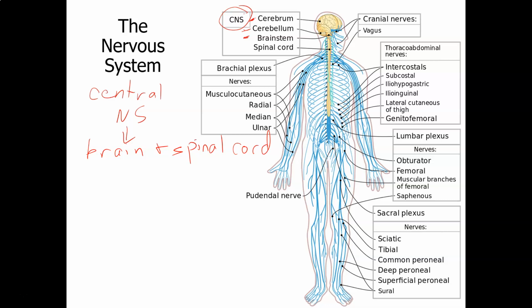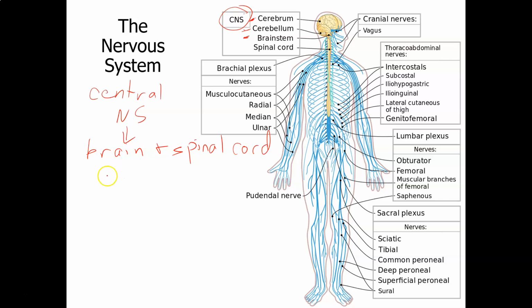Whatever the sensory information is, the central nervous system will integrate that information and figure out what to do about it. So the central nervous system really controls everything, and controls the other body systems.